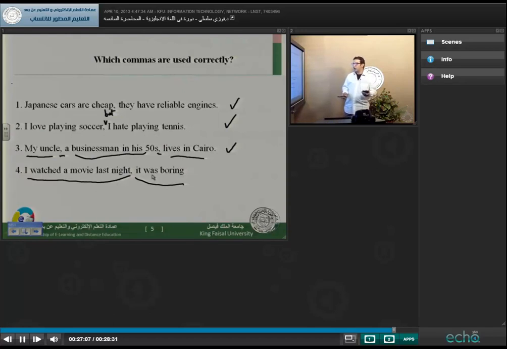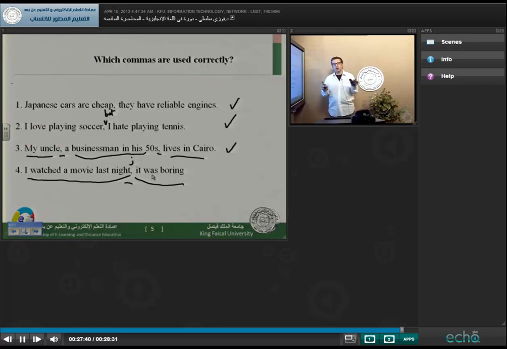One way of solving it here is to use a semicolon. I watched a movie last night; it was boring. That means they're two complete sentences, and we don't want to break them with a full stop, so we use a semicolon instead, which means we are telling the reader these two sentences are complete, but they are connected by sense.